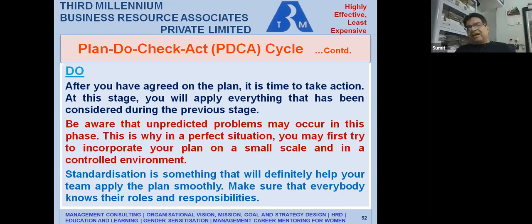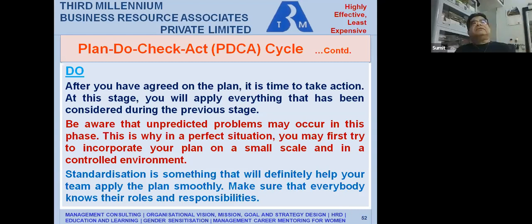Standardization is something that will definitely help your team apply the plan smoothly. Make sure that everybody knows their roles and responsibilities. And never ever assume. As I always say, if you dissect the word assume with ASS and put a stroke there, then after you, again you put a stroke there.